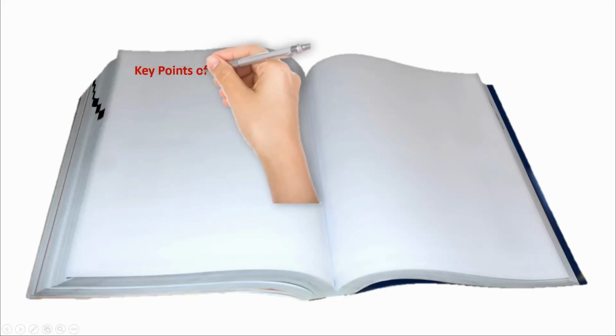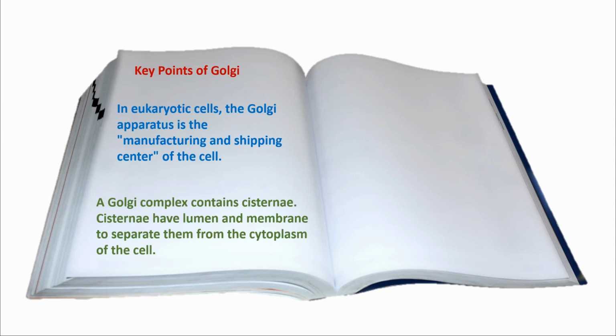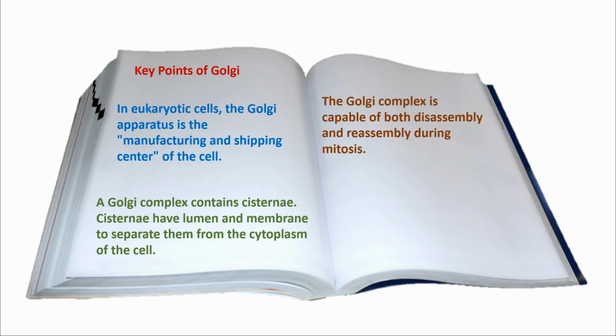Key points of Golgi. In eukaryotic cells, the Golgi apparatus is the manufacturing and shipping center of the cell. A Golgi complex contains cisternae. Cisternae have lumen and membrane to separate them from the cytoplasm of the cell. The Golgi complex is capable of both disassembly and reassembly during mitosis.